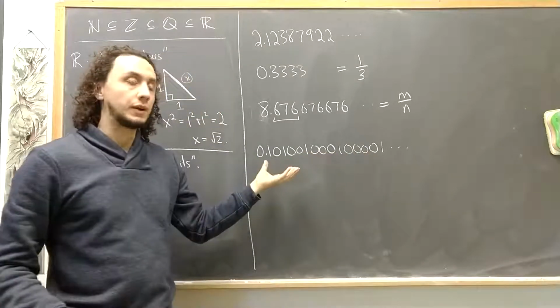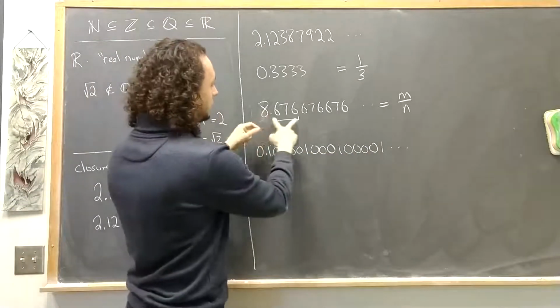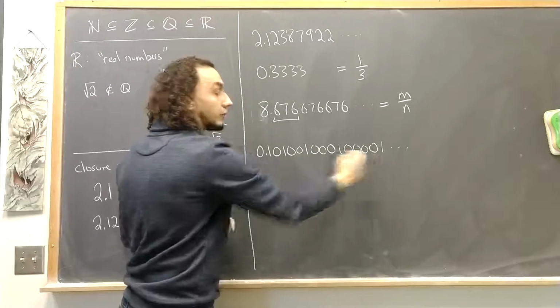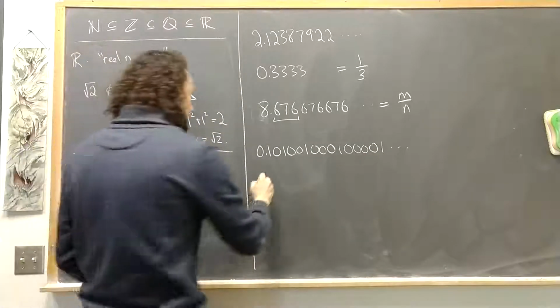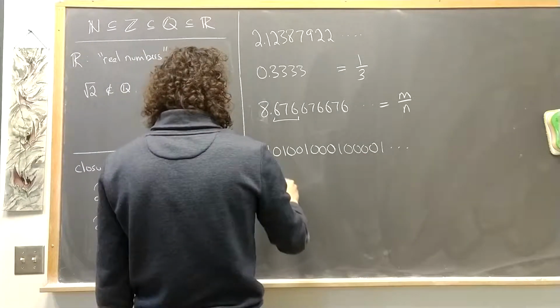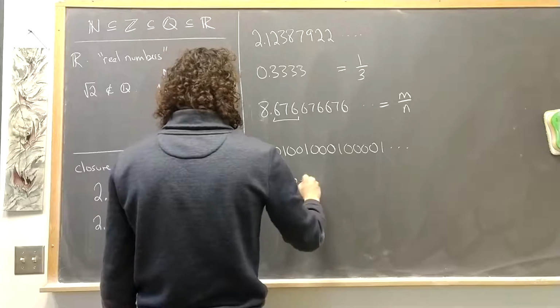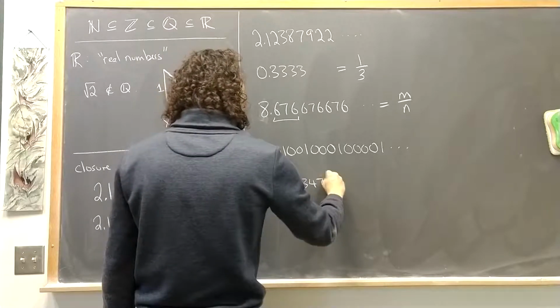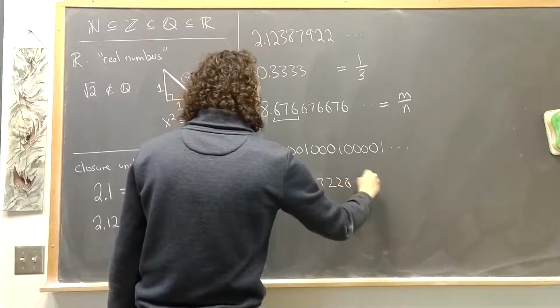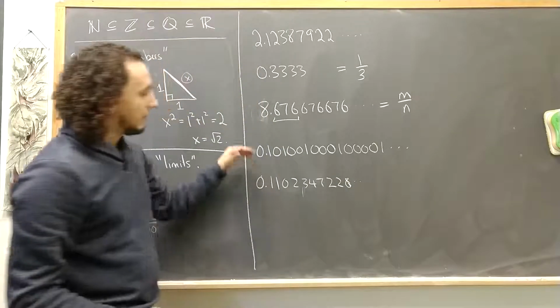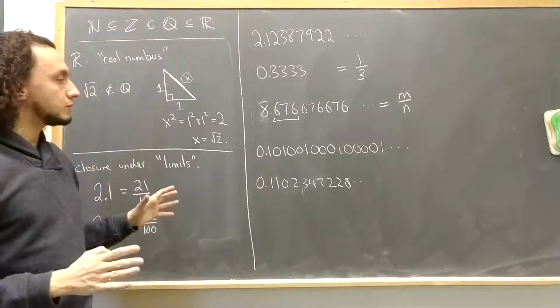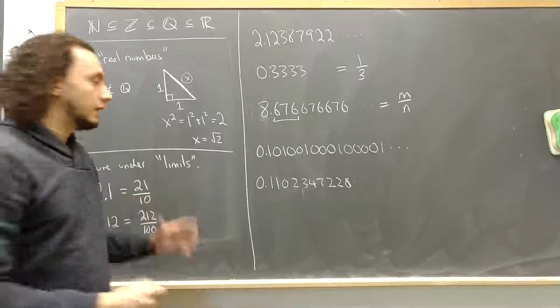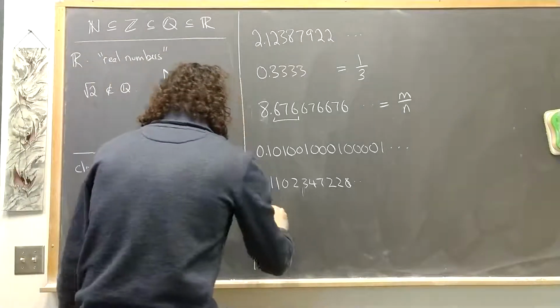There's a pattern here, but it's not a repeating pattern where there's some chunk that keeps getting repeated over and over again. Or what if I just have a seemingly unpatterned string of digits? If I want to count all of those as numbers, then I get the real numbers.